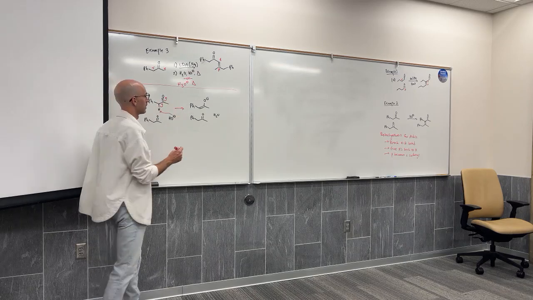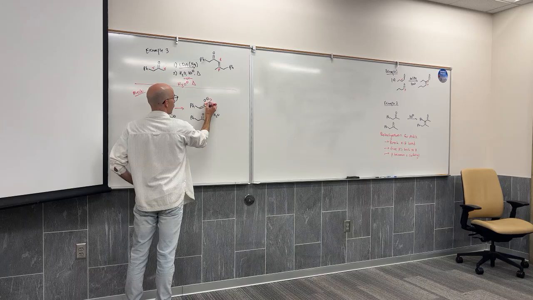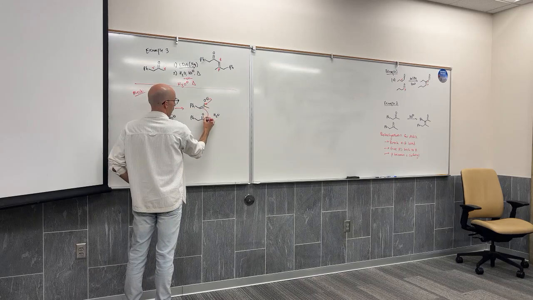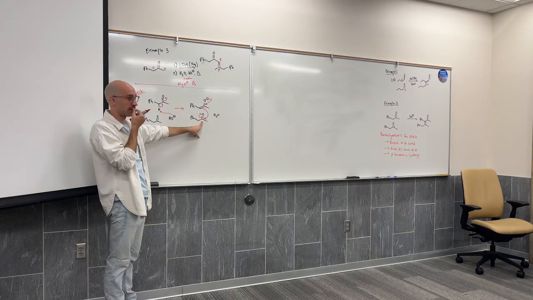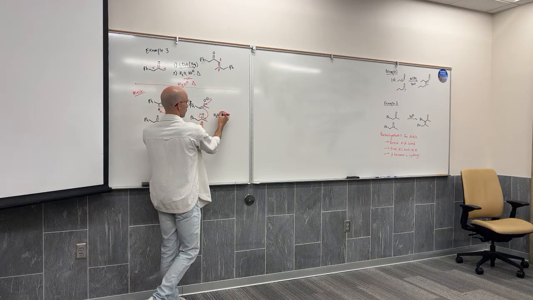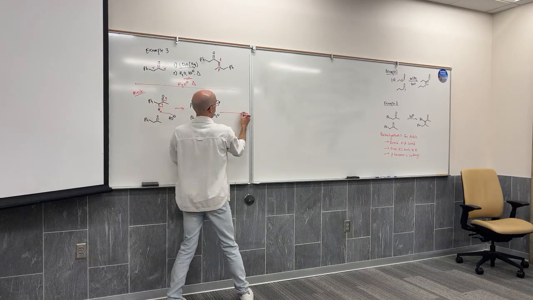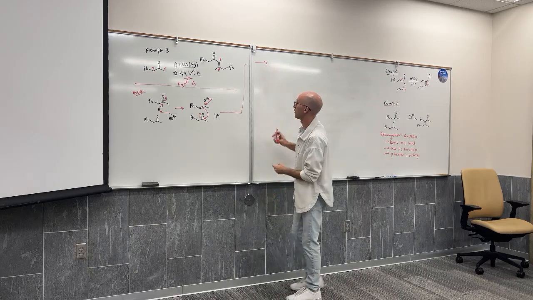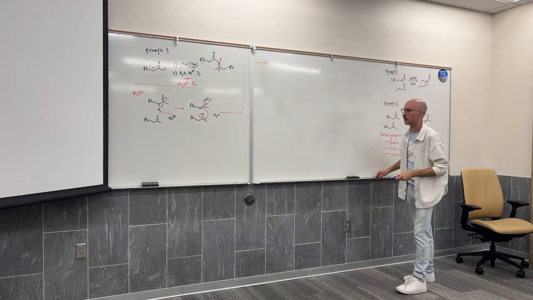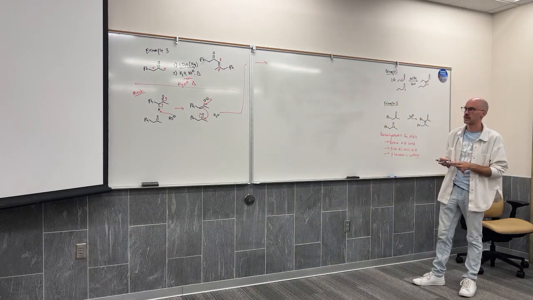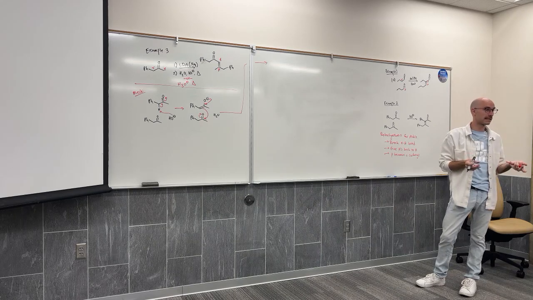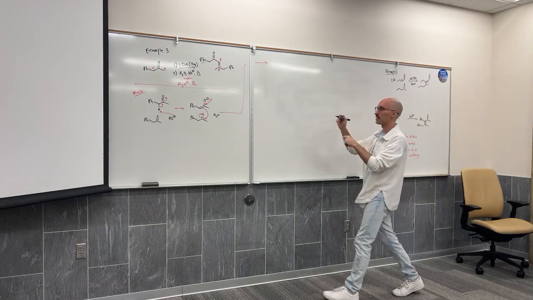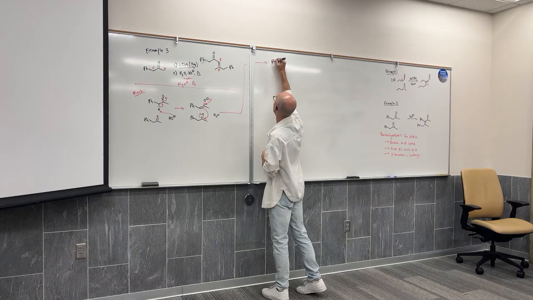So, enolate attacks from the alpha position to the carbonyl. That's my electrophile. And I'm going to continue drawing this up here. All right, now this is where things can get a little messy, which is why I like to stack these molecules like I have.